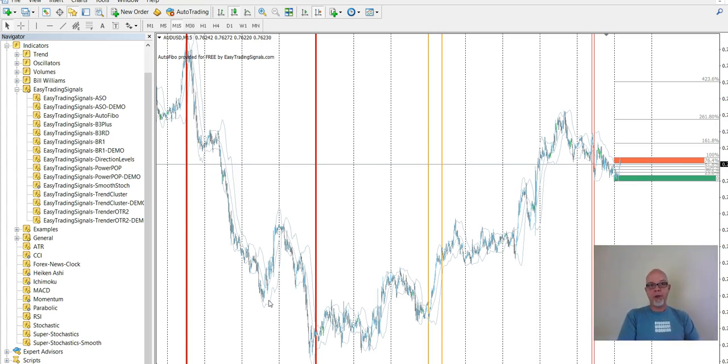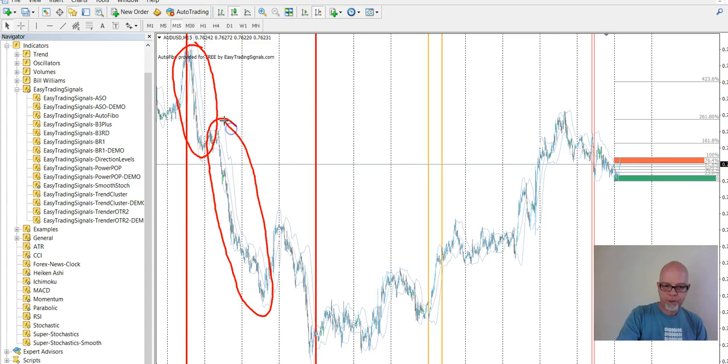What I mean is that this first section over here is in itself an impulsive wave, as is this, as is that. So we have 3 impulsive waves that make up one larger impulsive wave with 2 corrections in between.